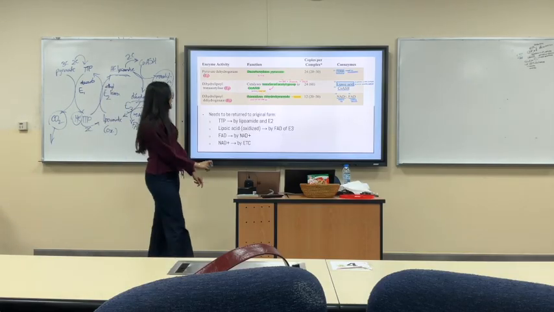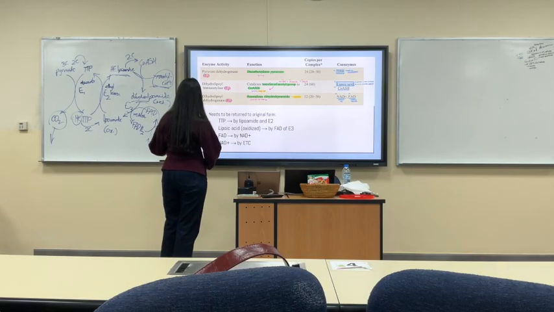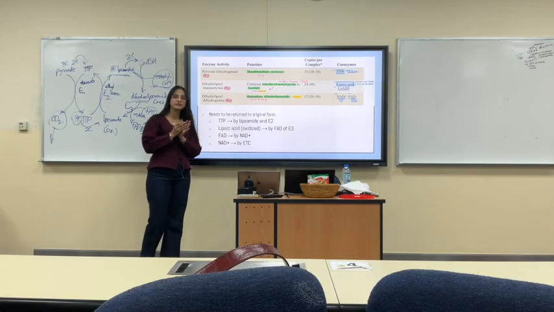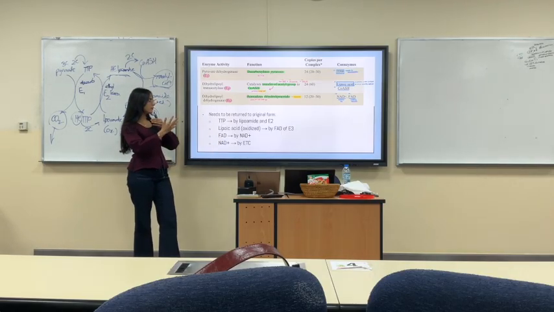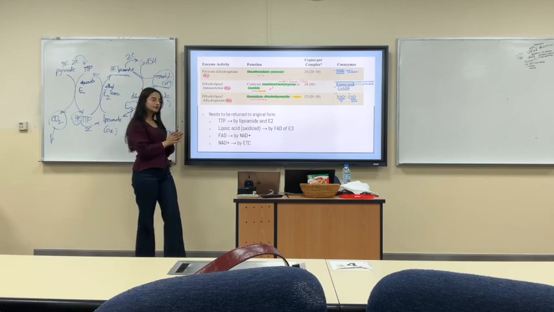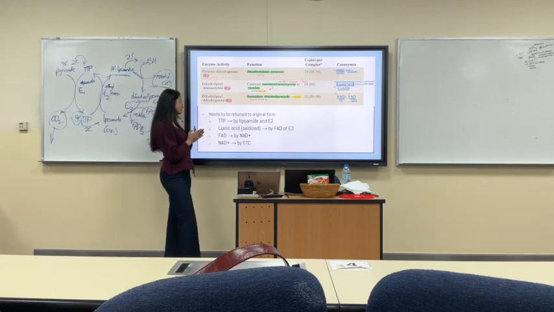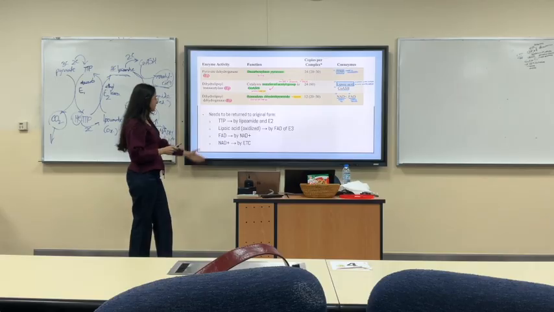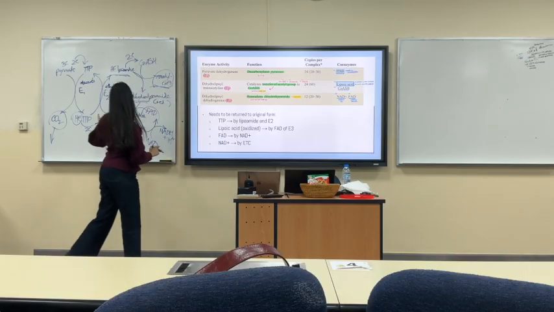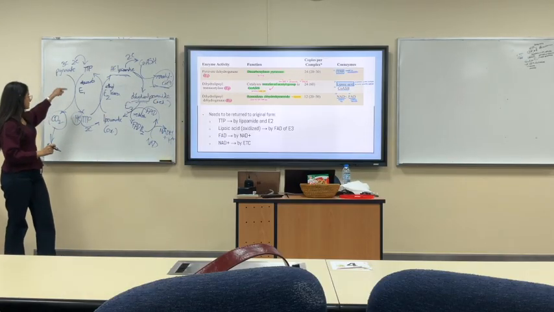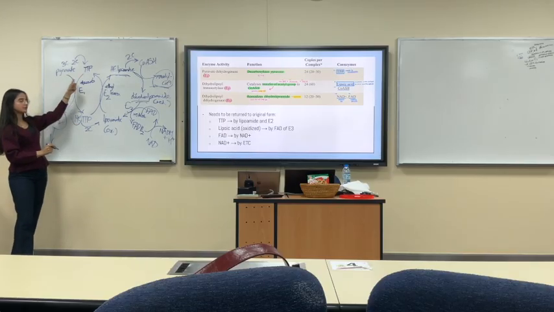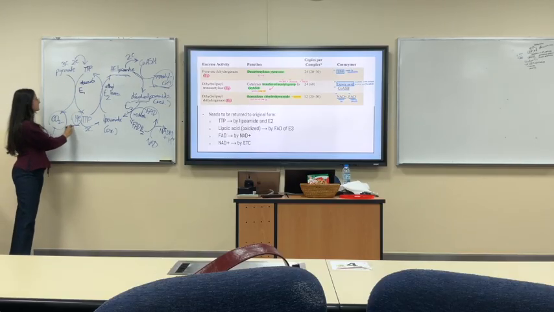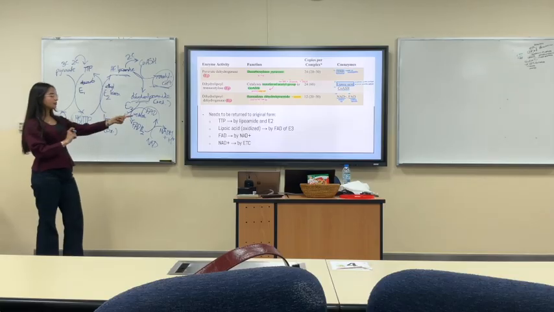Okay? And as you can see, we have many coenzymes here that are required to go back to their original form. So you need to remember how each of these is returned to their original form. TPP, we need to return it from hydroxyethyl TPP back to TPP. So we do this by lipoamide.